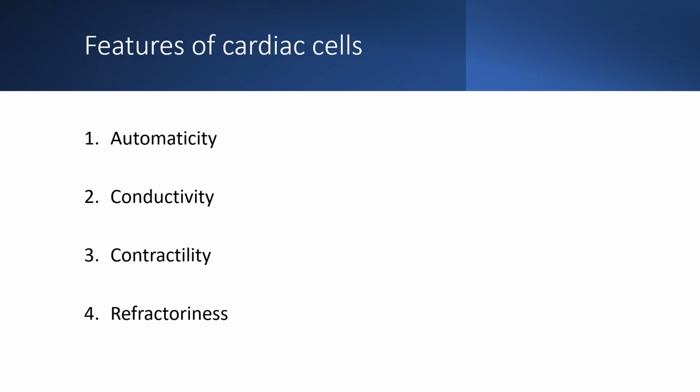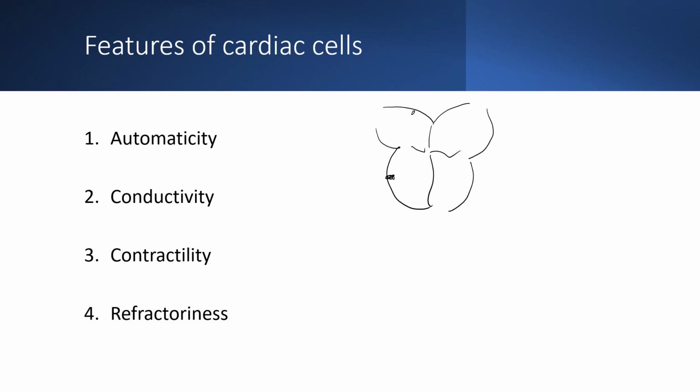Now let's look at automaticity. Automaticity is the ability of the cells within the heart to spontaneously generate an electrical impulse. We know that the pacemaker cells have the ability to do this, but so do other cells within the myocardium of the heart. So any cell within the heart has the ability to generate an electrical impulse.